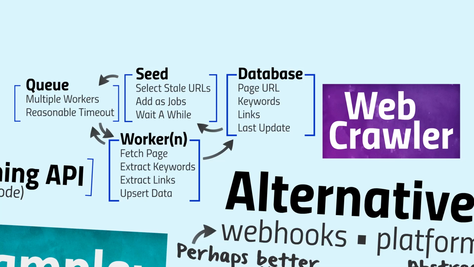So we have some process, the seed process. This thing runs by itself. There are no other copies of it, because it is going to access the database and ask, hey, how many pages have not been crawled recently? Say, how many pages haven't been crawled for a day? Because maybe we have a search engine that we want to re-index a set number of sites every day.